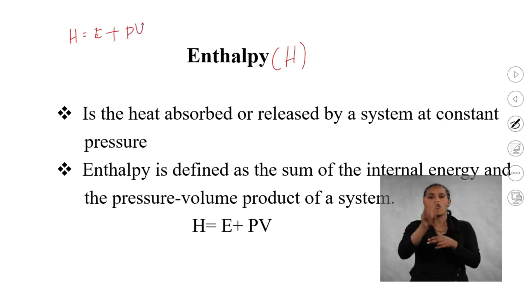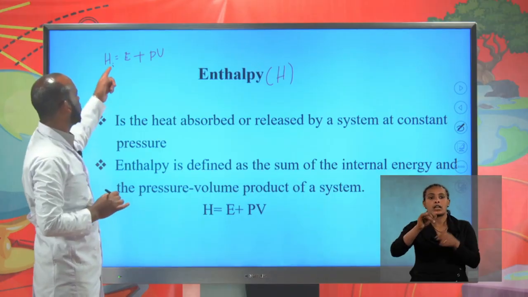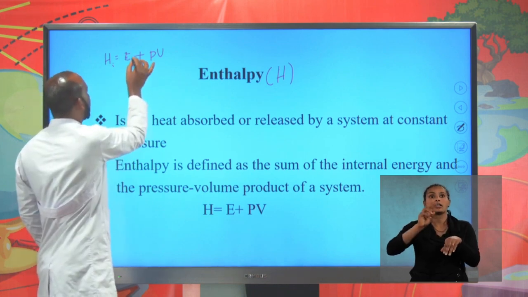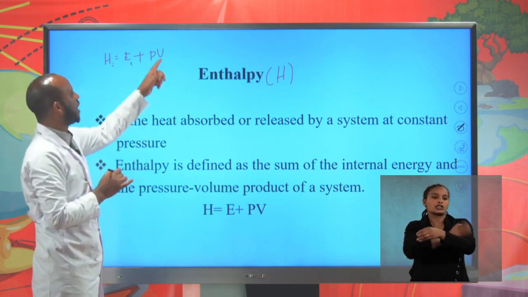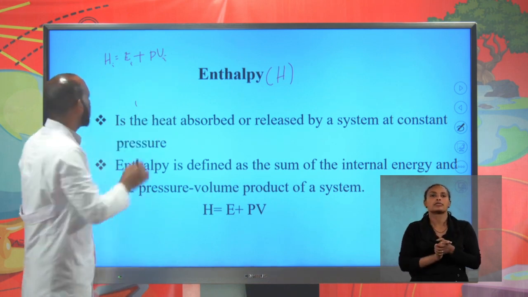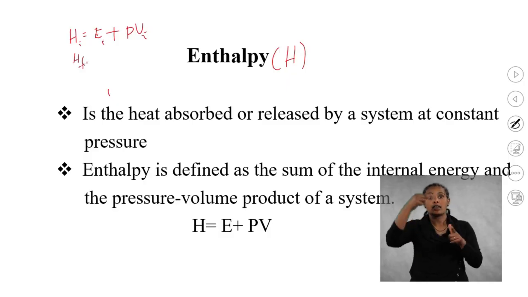Now initial enthalpy H_I equals initial internal energy plus pressure times initial volume V_I. Final enthalpy H final equals E final plus pressure, which is constant, P times final volume.